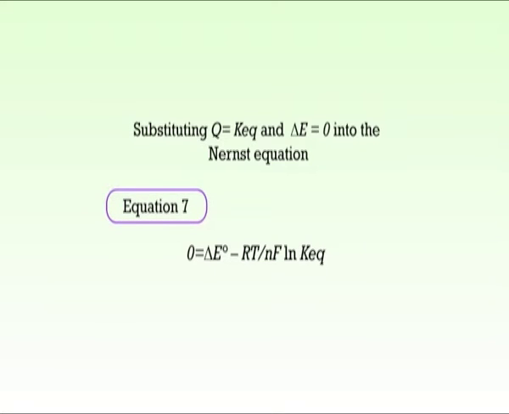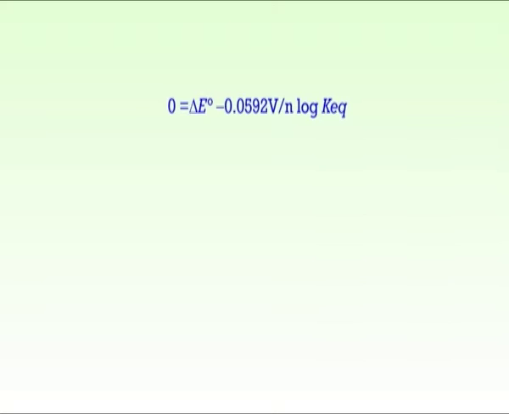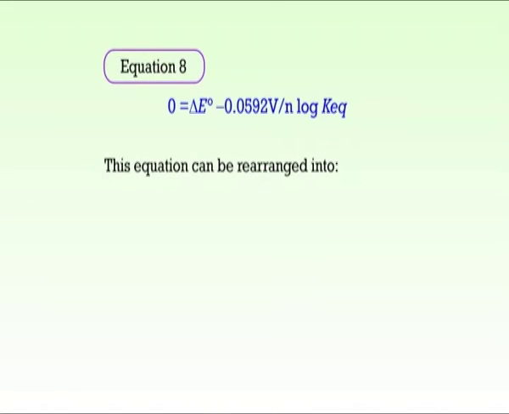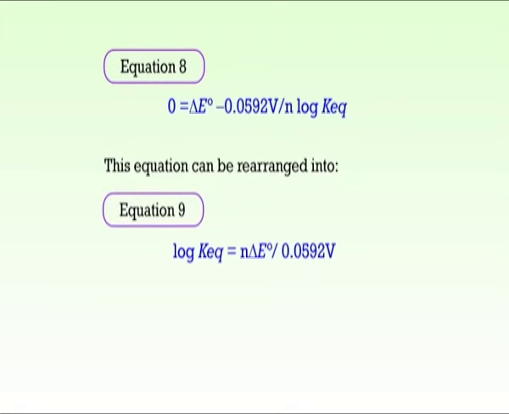At standard conditions, equation number 7 simplifies into 0 equals ΔE naught minus 0.0592 volts by n log Keq. So this equation can be rearranged into log Keq equals nΔE naught by 0.0592 volts.